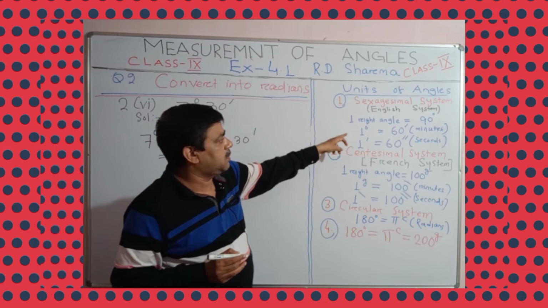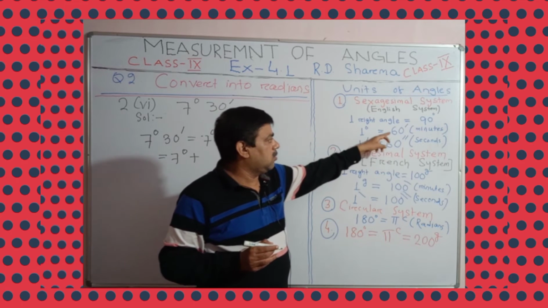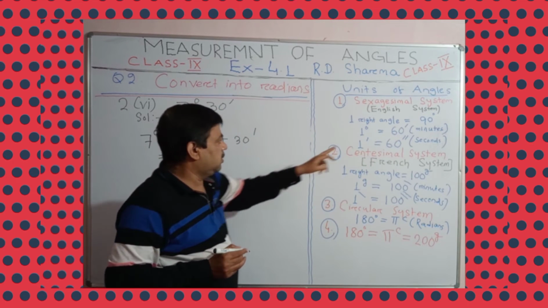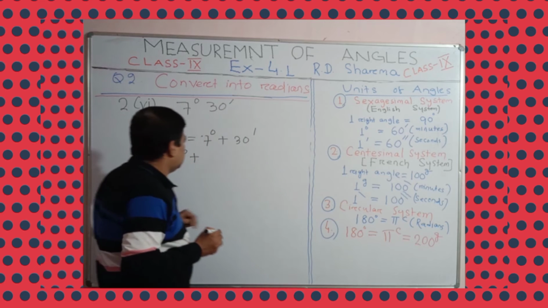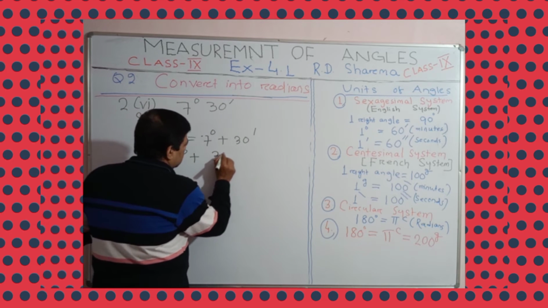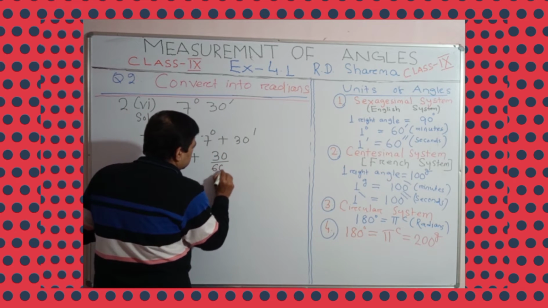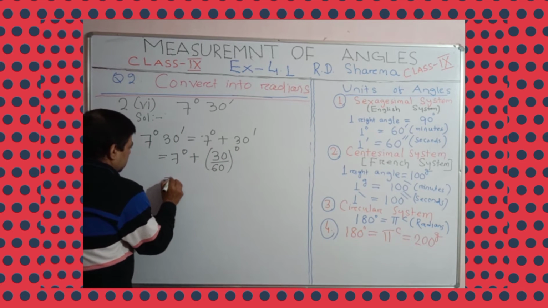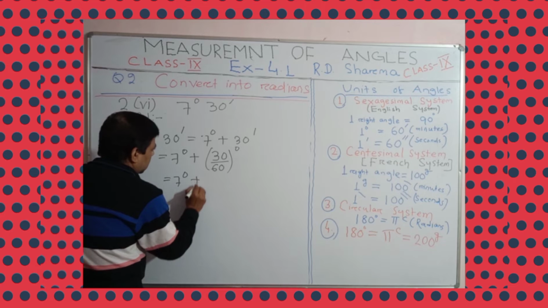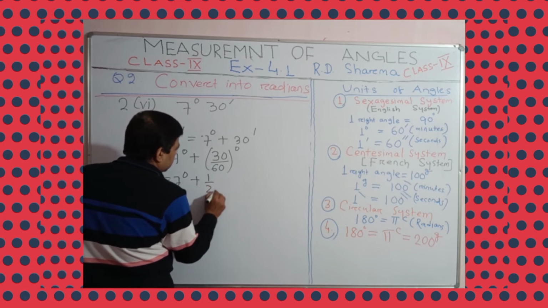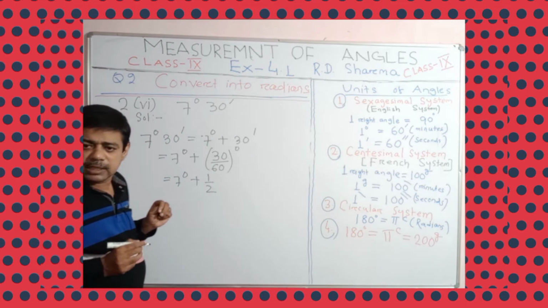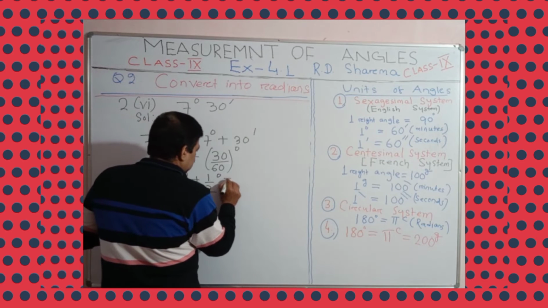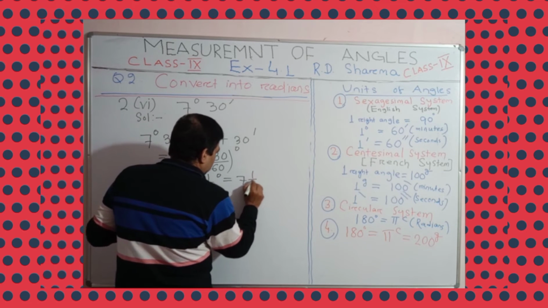As per the sexagesimal system, 1 degree is equal to 60 minute, so 30 minute is equal to 30 upon 60 degree. It means 7 degree plus 1 by 2 degree.